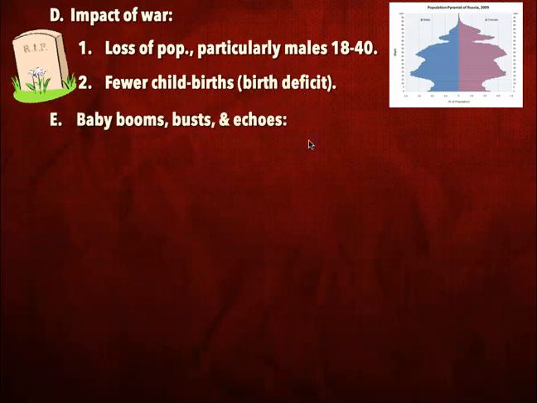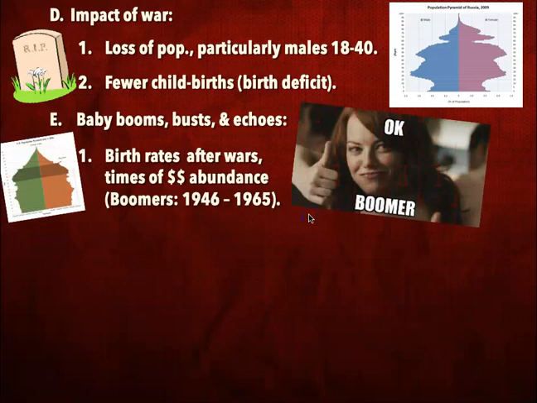Okay, all right. Another impact that we see on those population pyramids is going to be our baby booms, our baby busts, and our baby echoes. Okay, all kinds of stuff there. So the baby booms, yes, a lot of times we see these in two main areas that really play a major role.